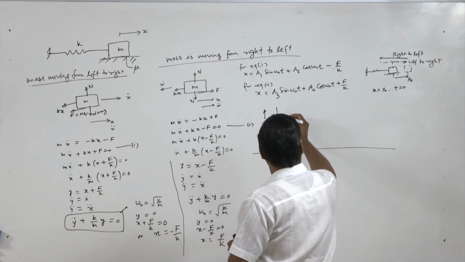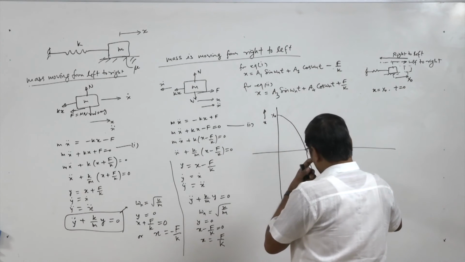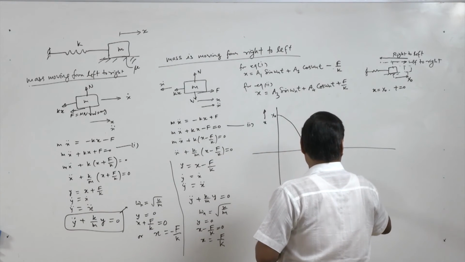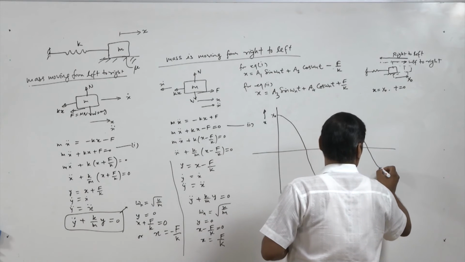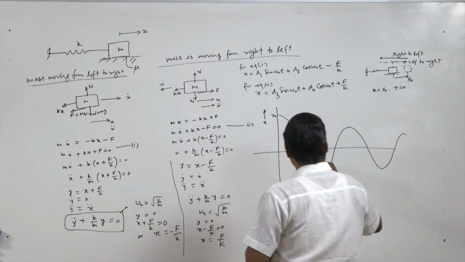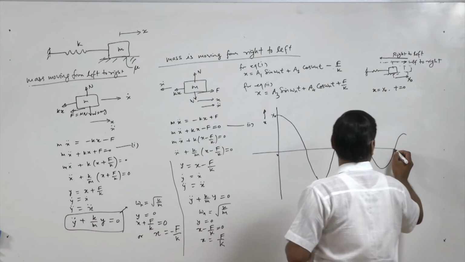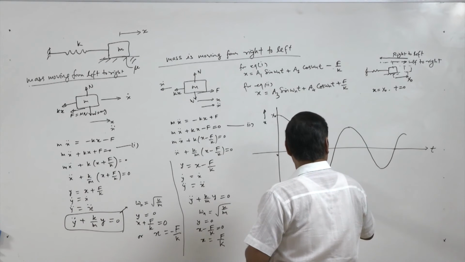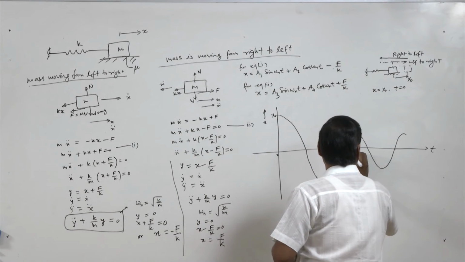So this system is at x0 when t equal to 0, this is time, and till here one cycle is completed, so it is tau equal to 2 pi upon omega n.